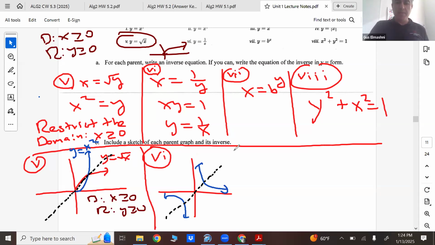If we look at the next one, number 7, let's look at the original graph. You do know the original graph will look like this. It's exponential. If you plug in 1, you get whatever b is.